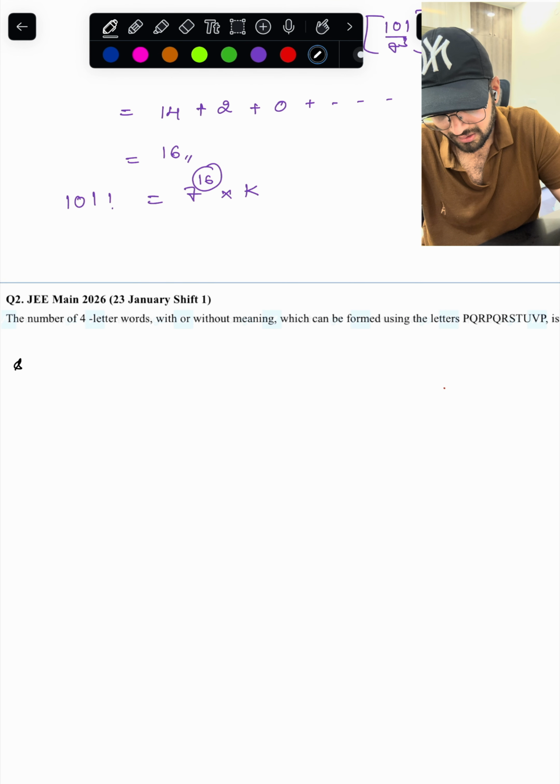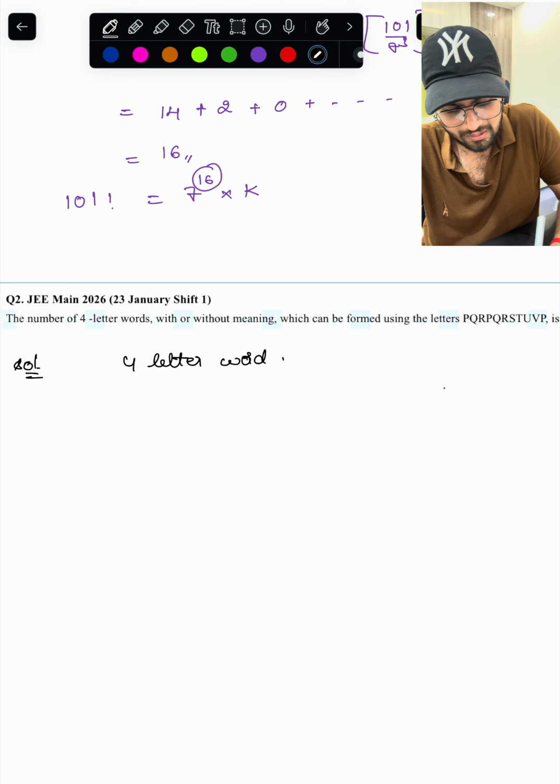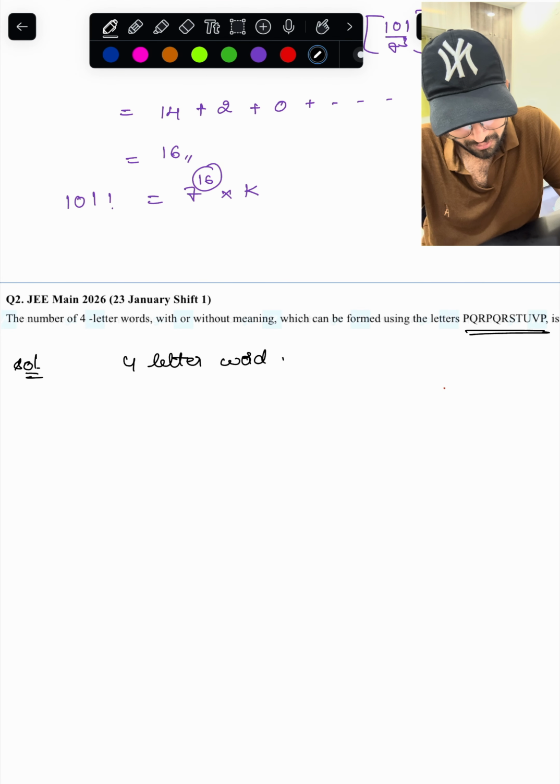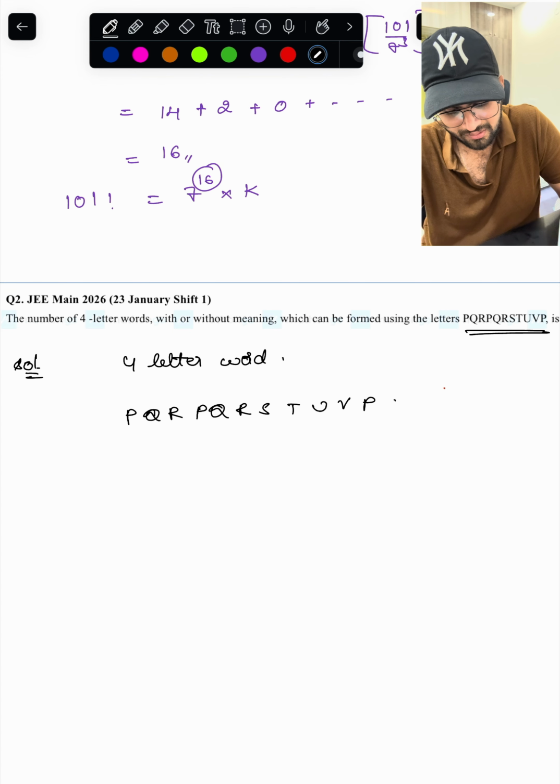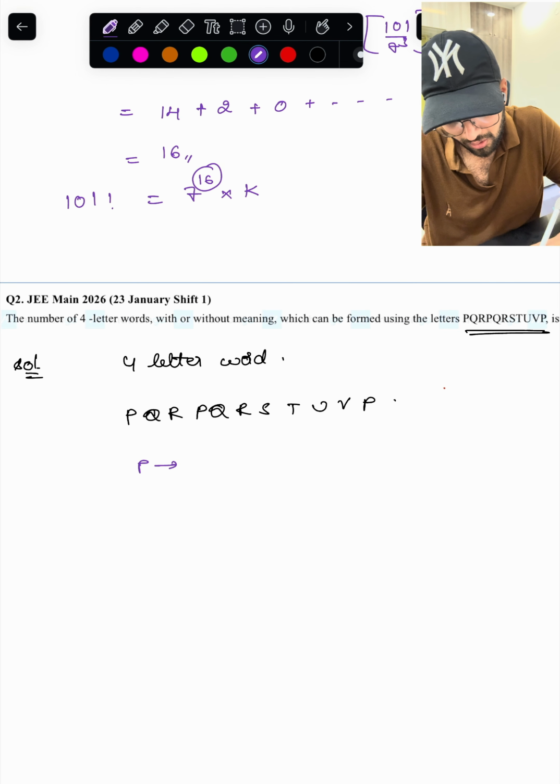We need to form a 4-letter word from the letters of this word. In this word, how many P's are there? 1, 2, 3. 3 P's.